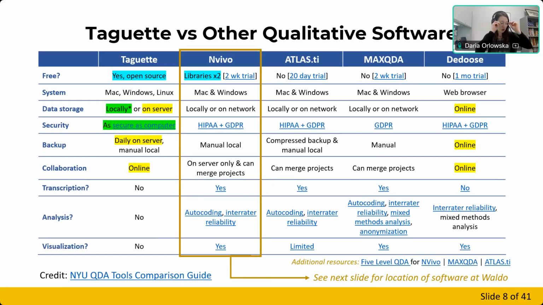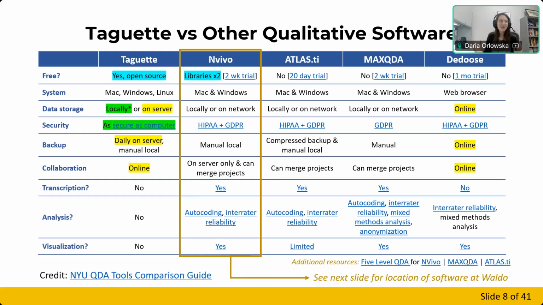So before we get started with the demonstration part of this workshop, I just wanted to take a quick moment to talk about the differences between different software. As you see on the left-hand side, that is TAGAT. It's the only one that's open source. All the other ones that I have listed, NVivo, Atlas TI, MaxQDA, and Dedoose, are paid, but have some sort of trial associated with them.